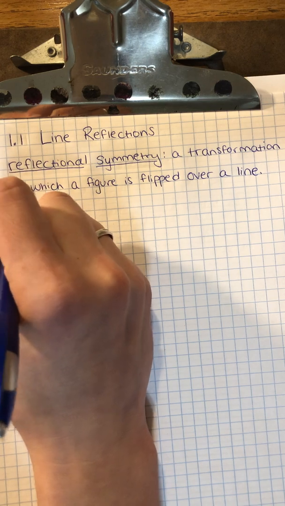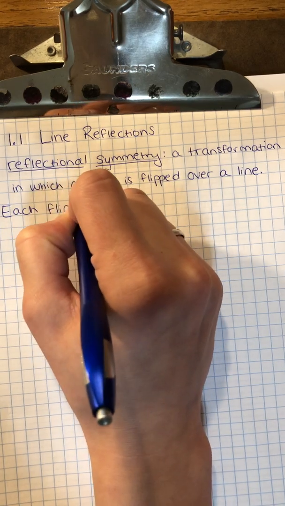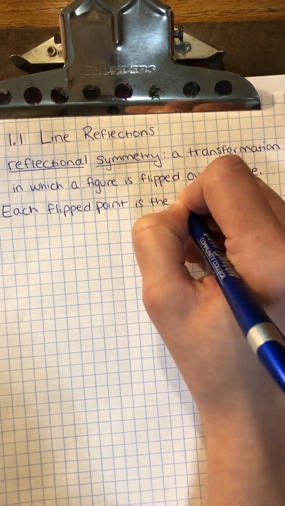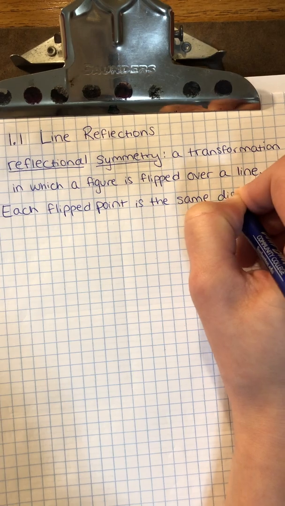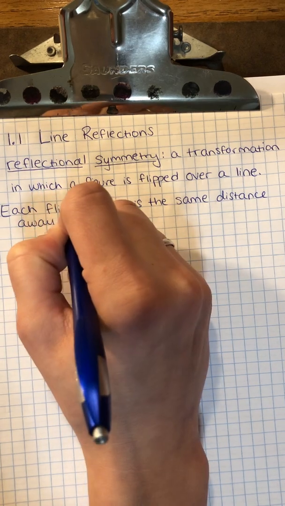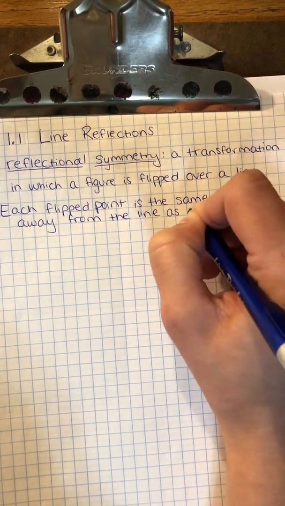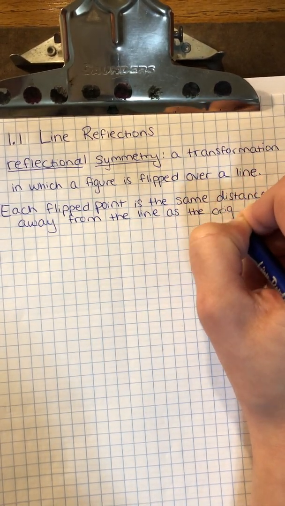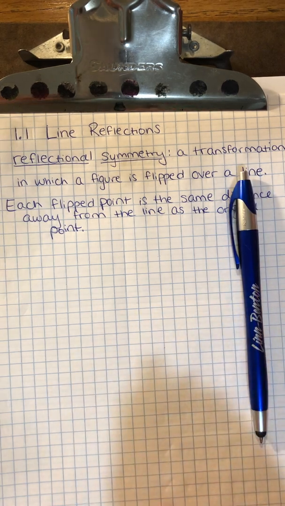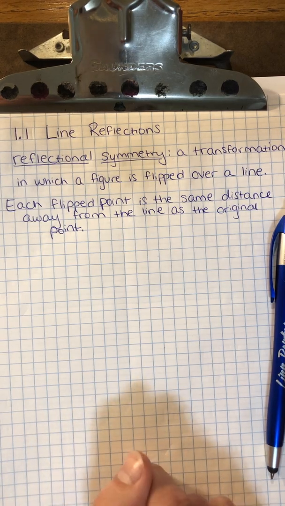When we're using reflectional symmetry, it's important to remember that each flipped point is the same distance away from the line as the original point.